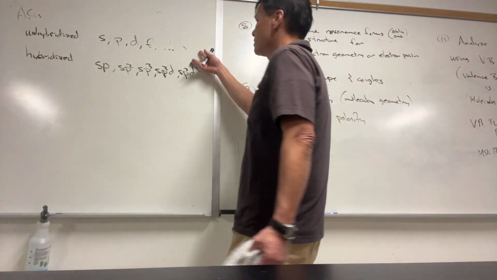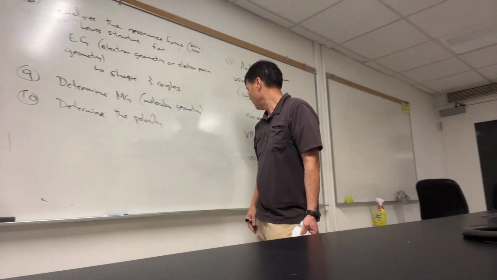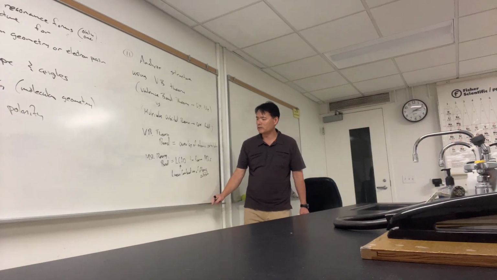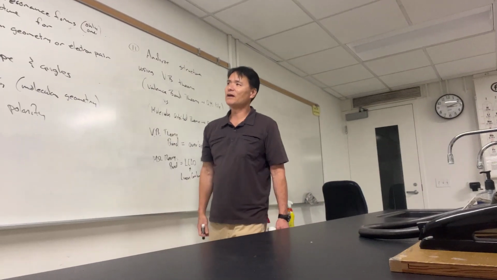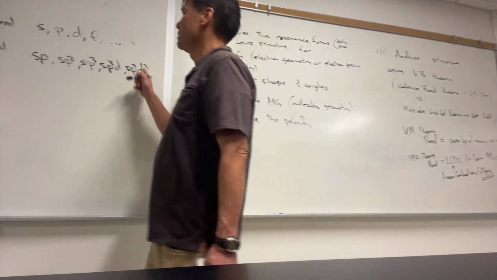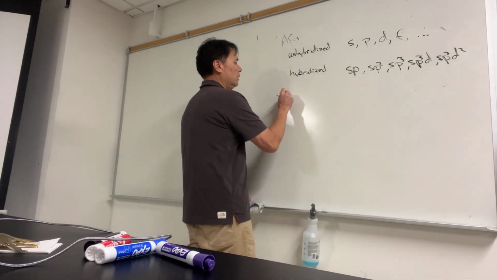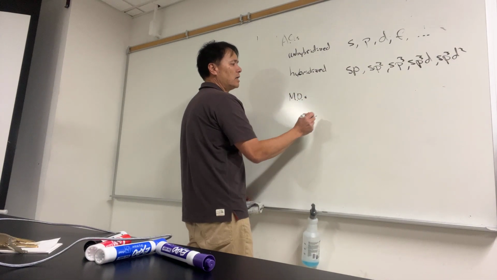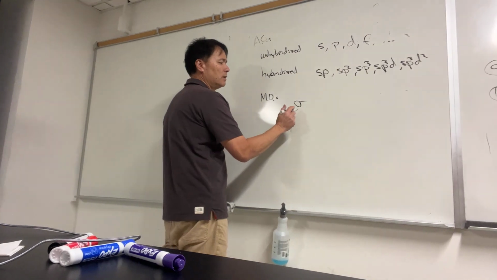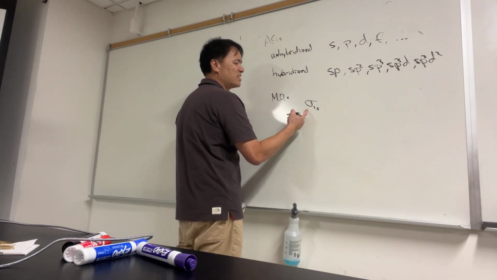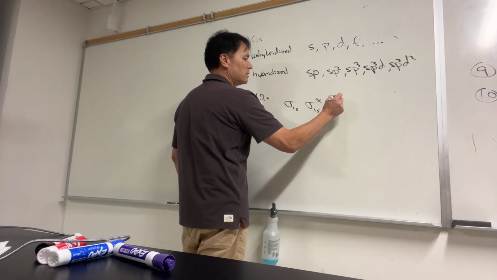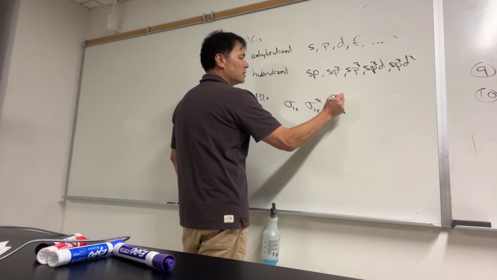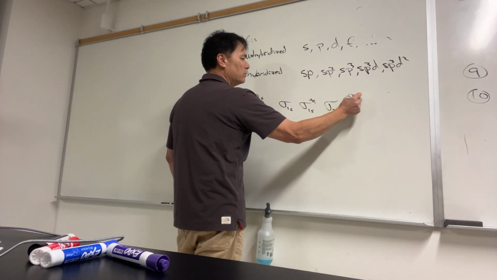So if we take these atomic orbitals and do this quantum mechanical procedure of linear combination of atomic orbitals, then we generate new molecular orbitals. The new molecular orbitals have a different scheme. The MOs we recognize by sigma. We have something called a sigma 1s, which is the simplest. Then we have a sigma star 1s, and the sigma 2s, this is the Greek letter sigma, and the sigma star 2s.